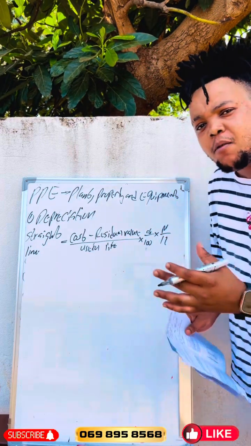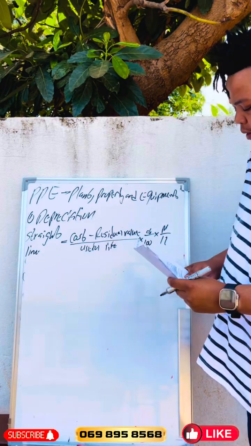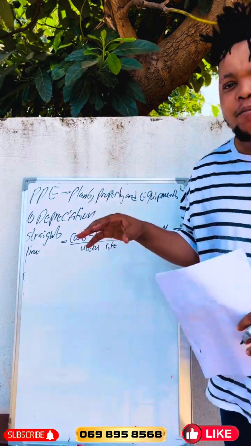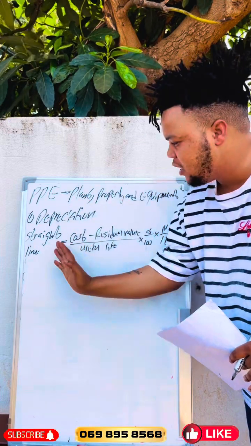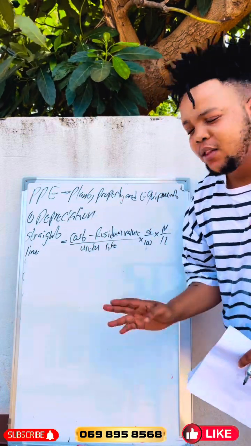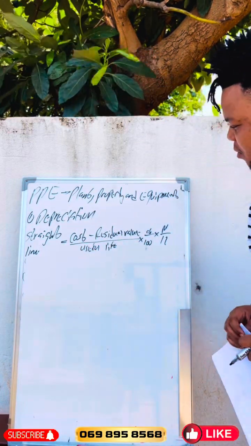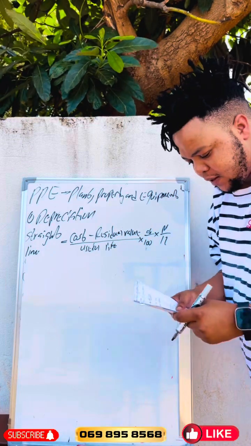So m stands for month. This is the method that we want to learn, how to find the depreciation under PPE when we are using the straight line method. And this is the formula that we need to use.